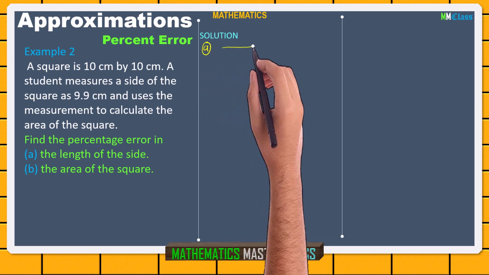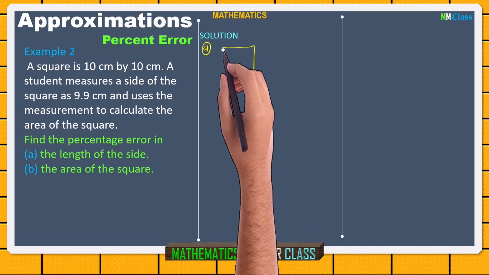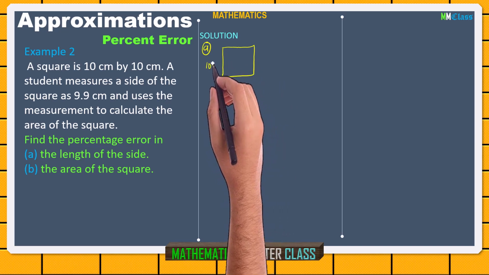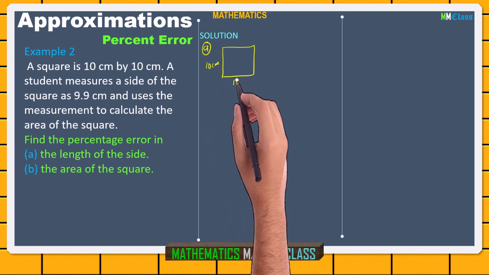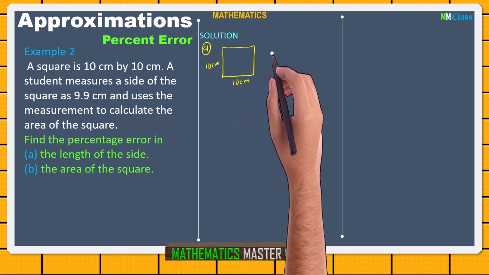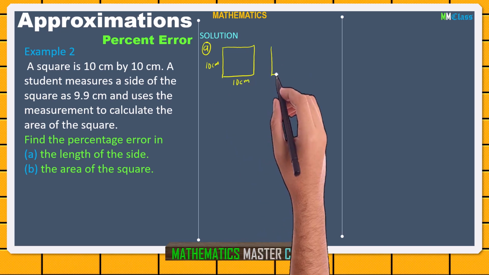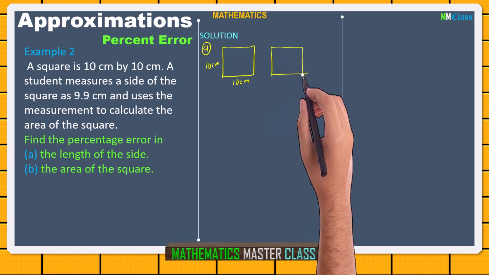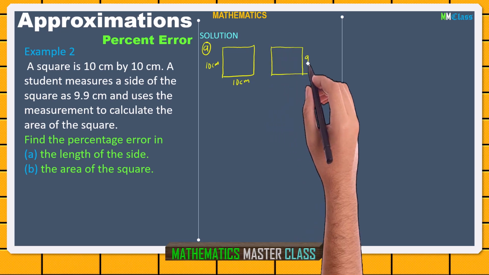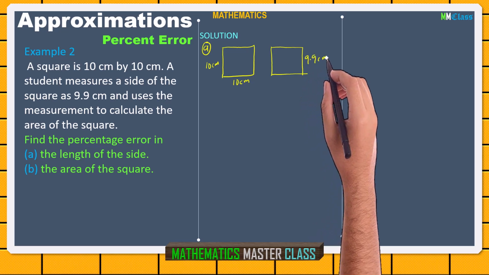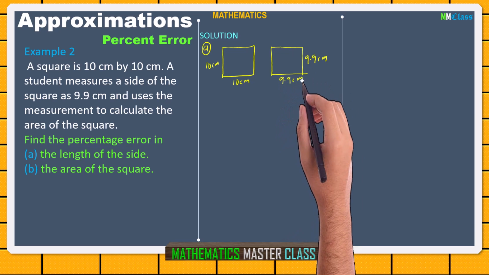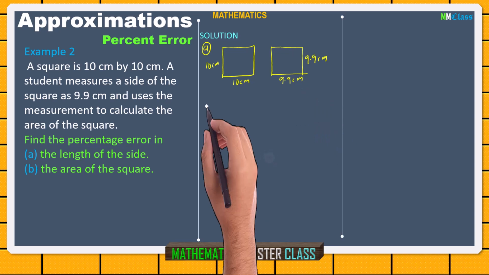So let's draw the square. The original square is like this and is 10 by 10, 10 centimeters by 10 centimeters. Now the student's measurement is 9.9 centimeters by 9.9 centimeters. So there is error in his measurement, and that is what we want to calculate.